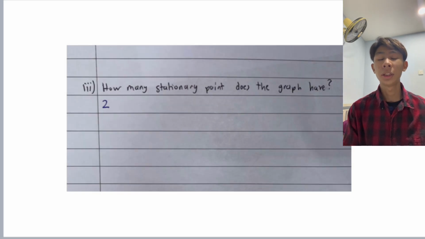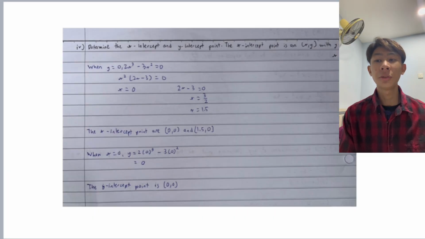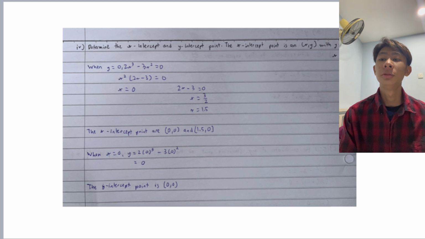So for question 3, there are 2 stationary points. For question 4, when y equal to 0, 2x to the power of 3 minus 3x to the power of 2 equal to 0. This means x to the power of 2 in the bracket 2x minus 3 equal to 0.